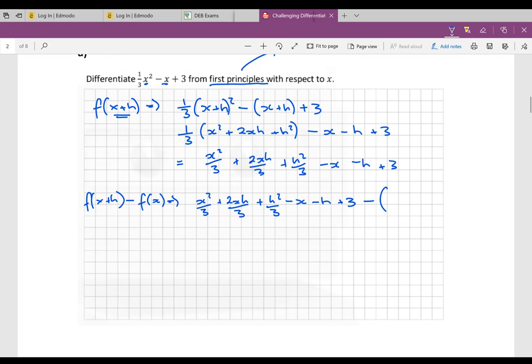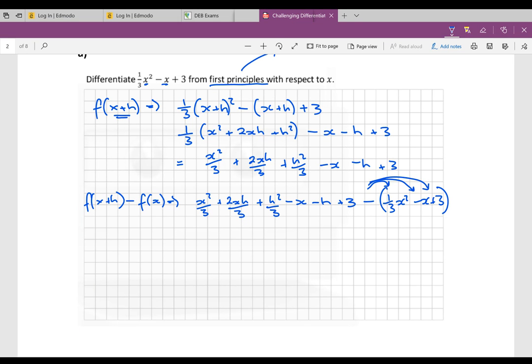And I'm subtracting the whole lot of the f(x) term. So I'm subtracting a third x squared minus x plus 3. That minus sign affects all of these things because I'm subtracting the entire term. So that's my third, by the way, having an effect on all of these.